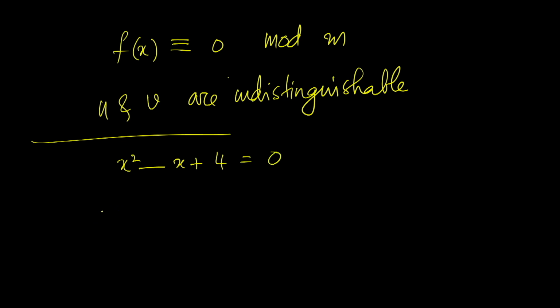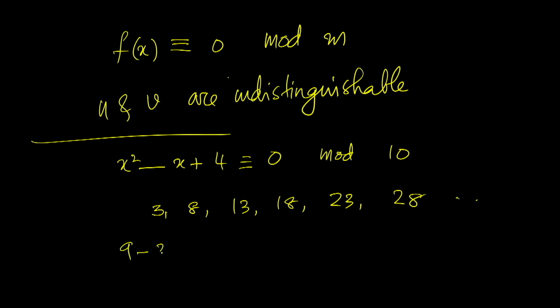This is congruent to 0 mod, let us say, 10. Its solutions are 3, 8, 13, 18, 23, 28, etc. For example, substituting 3 in this, we have 9 minus 3 plus 4, which is 10.